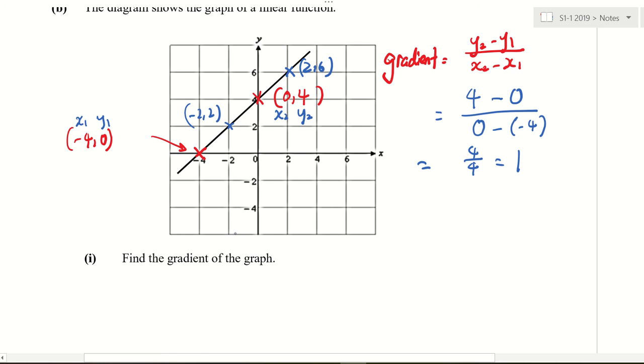Do you mark here? Do you see that this is y equals to negative 4? So y equals to negative 4 is actually a horizontal line like that. Do you follow? Is that okay? This is y equals to negative 4.